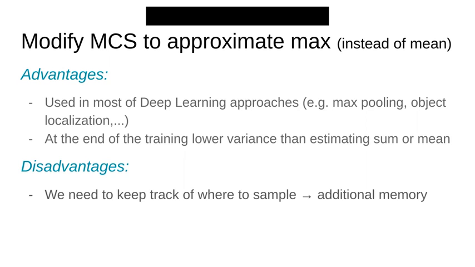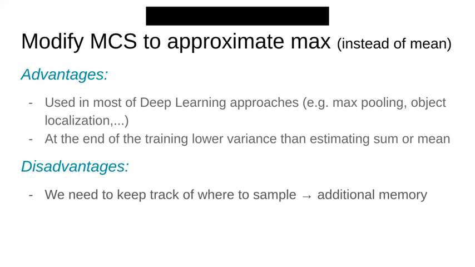The advantage of trying to approximate a max compared with the mean is that the max is trying to localize the highest value within a certain range of values. So if we are able to sample and find the max at the end of the training, we will always sample the right location.